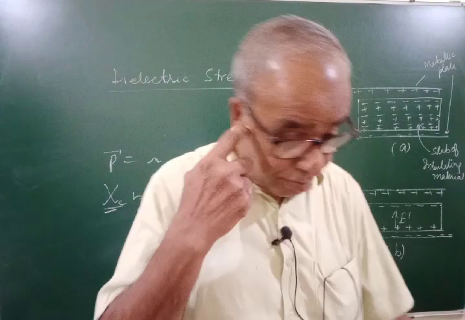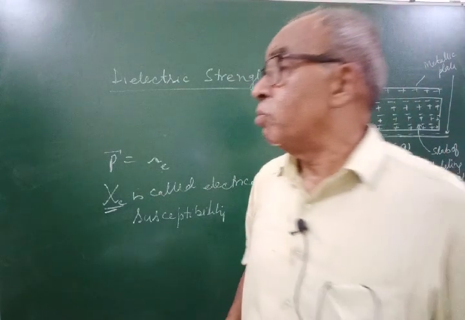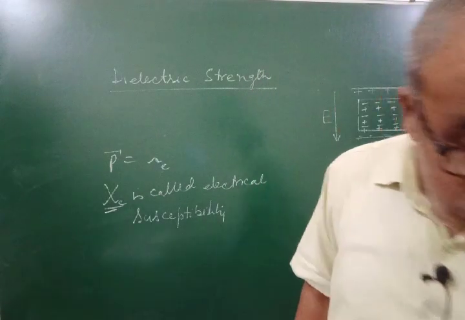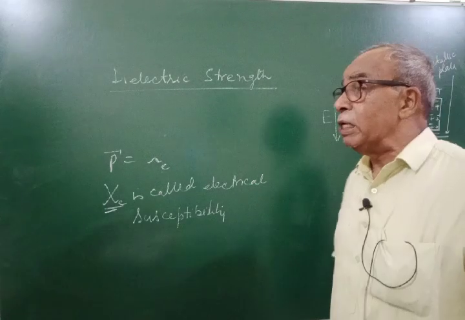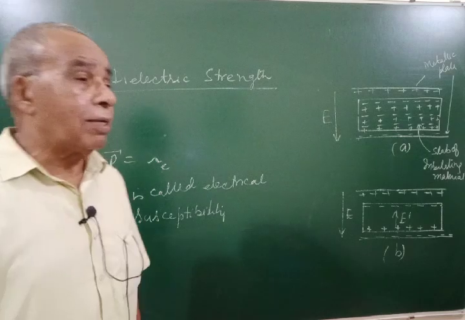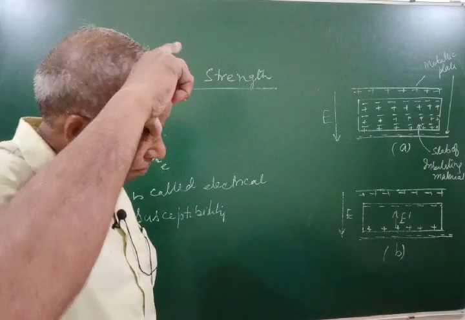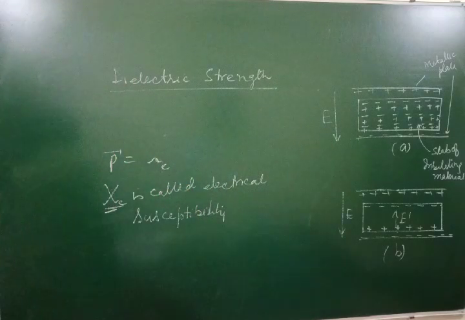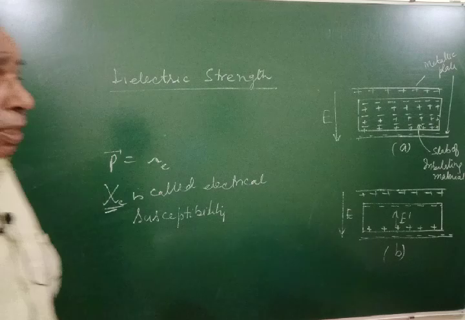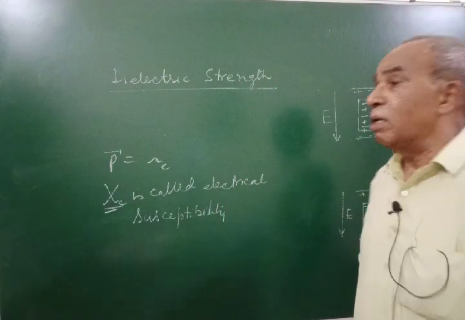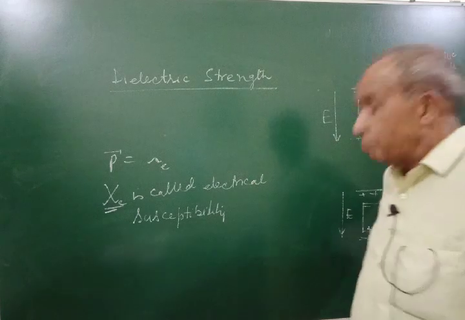Dielectrics are insulators, meaning they don't allow electric current to pass through them. But if we keep on increasing the applied field, it will affect the electrons present, and if the force becomes sufficiently large, then electrons can come out and the material gets ionized.